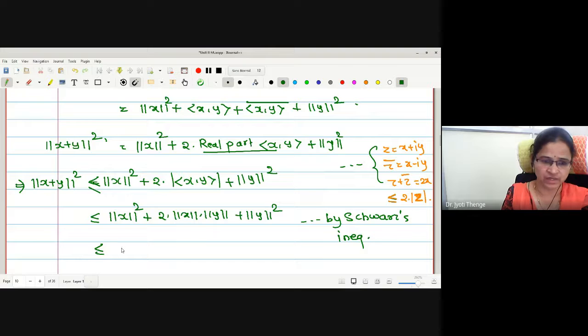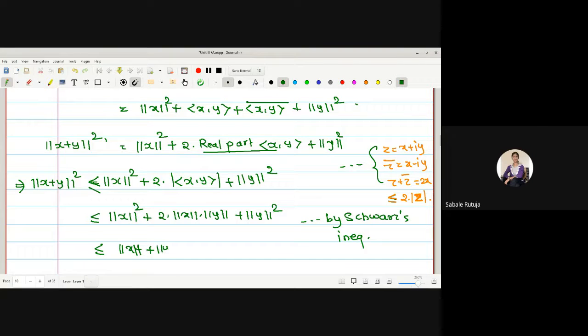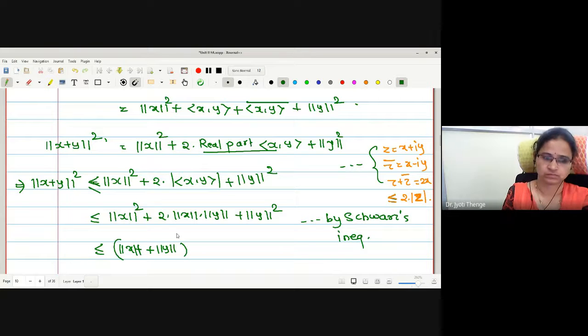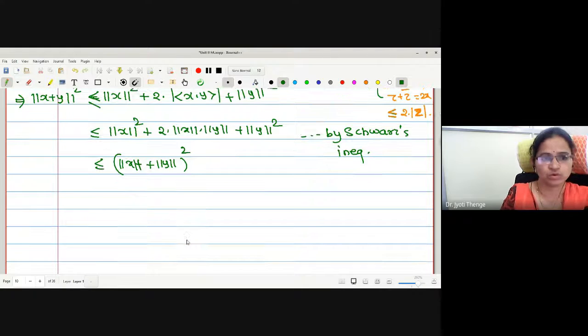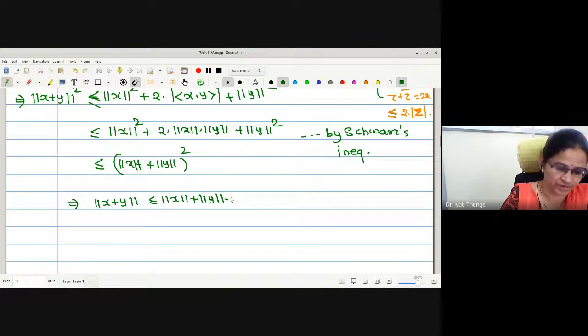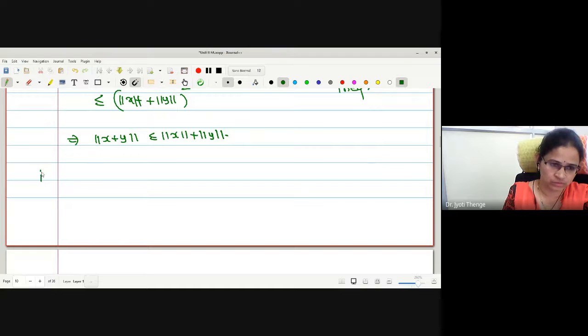What is the right hand side then? Perfect square of norm x plus norm y. Taking square root on both the sides, third step verified, right? Now fourth one.